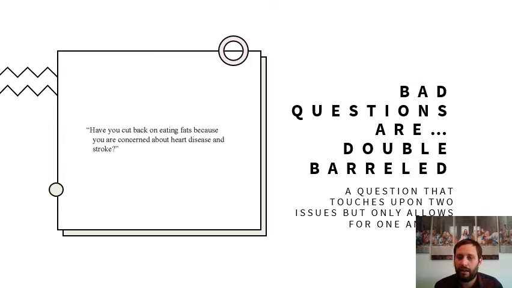Are they cutting back on fats because they're concerned about heart disease? Are they cutting back on fats because they're concerned about a stroke? Or it could be both. So in reality, you don't know what the participant is responding to. Alternatively, you can ask this in two separate questions. Have you cut back on eating fats because you are concerned about, one, heart disease? End the question there, and then go on to the next question: have you cut back on eating fats because you are concerned about, two, stroke?